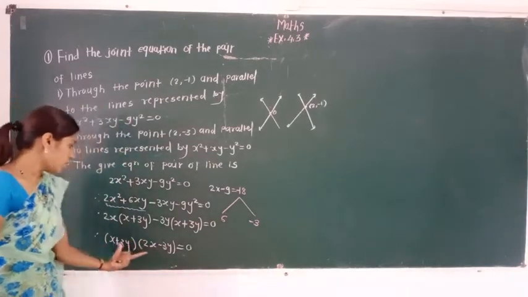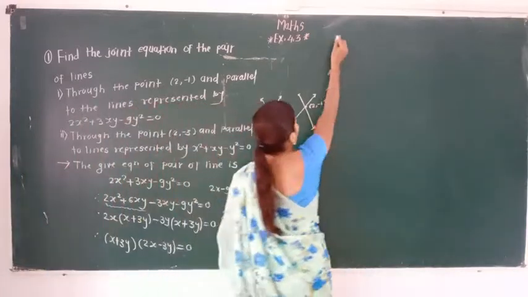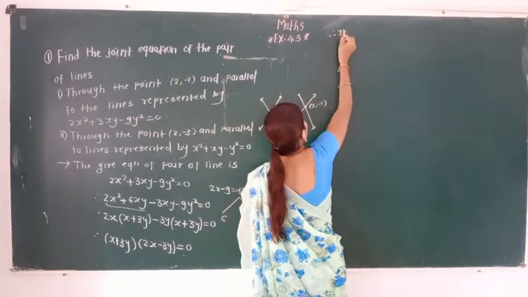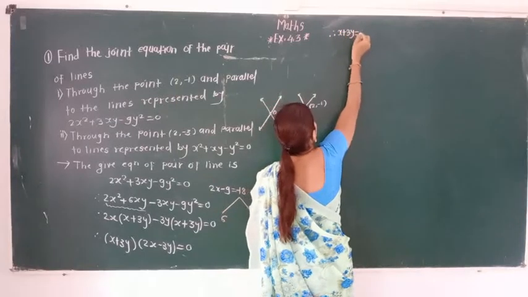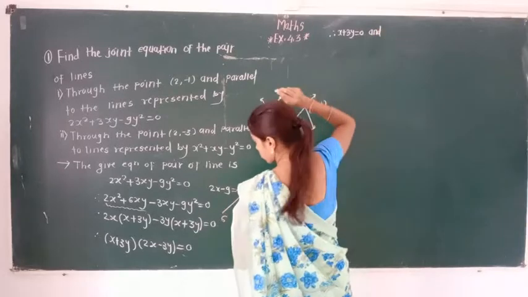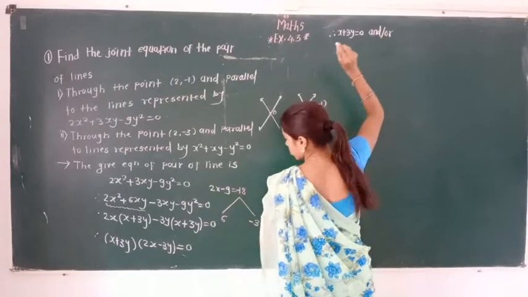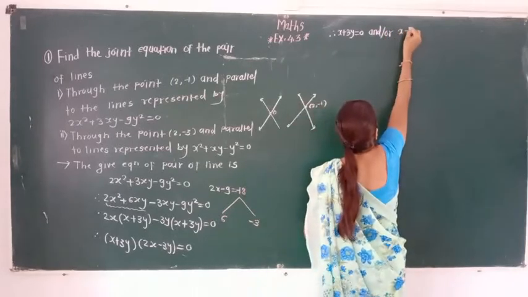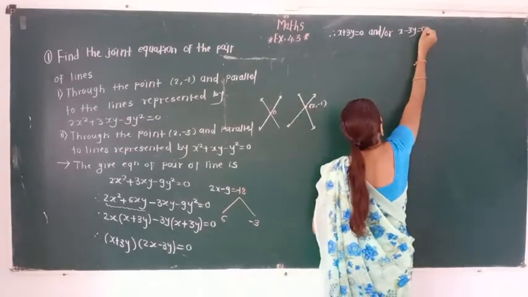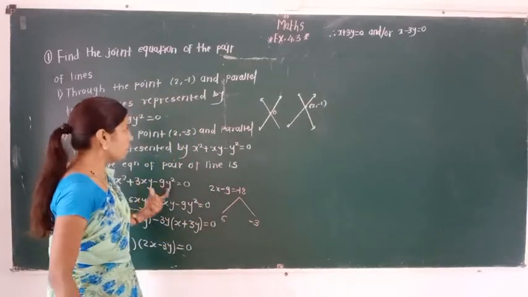So in that case the product of these two brackets is 0. So we can write x + 3y = 0, and the second equation is 2x - 3y = 0. Now these two are the separate equations of the given combined equation.